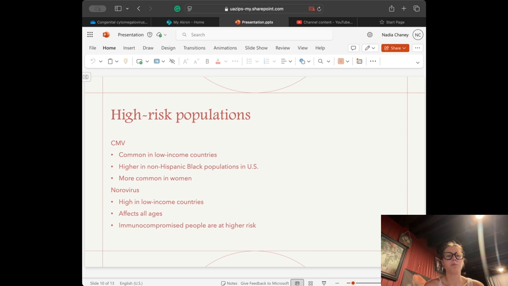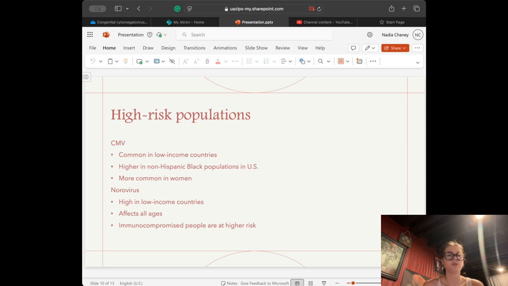So, some high-risk populations for CMV. It is common in low-income countries like Africa. It is higher in non-Hispanic Black populations, and it is more common in women because of childbirth. Norovirus is also more common in low-income countries.